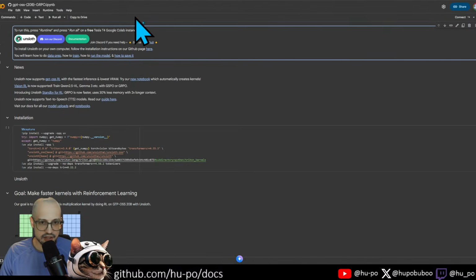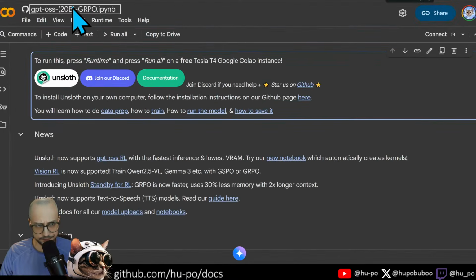And they released this one here. So this is GPT OSS 20B with GRPO. GPT OSS 20B is the smaller open source version of the GPT open source model, which is probably not exactly their model. It's a slightly different variant.